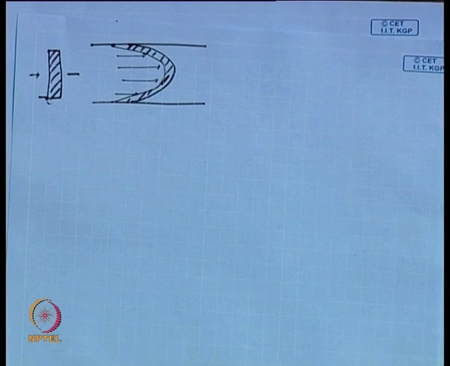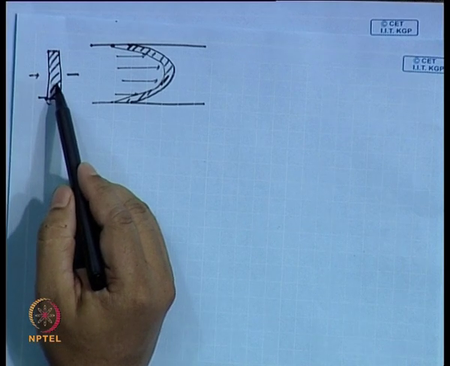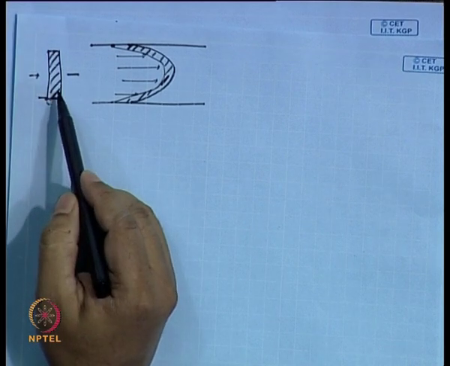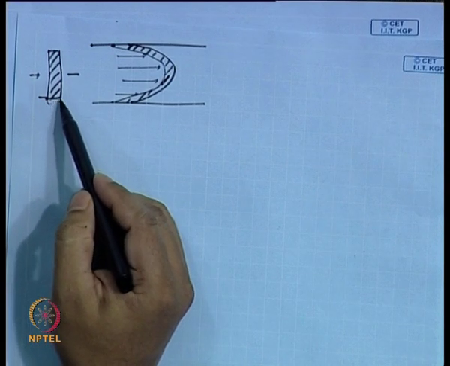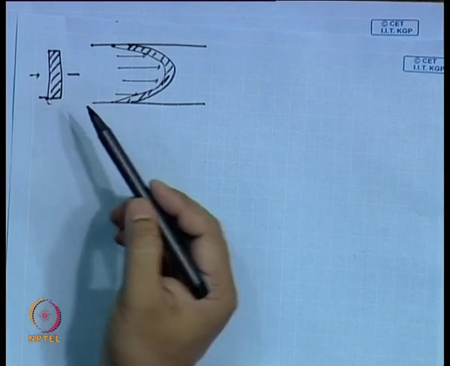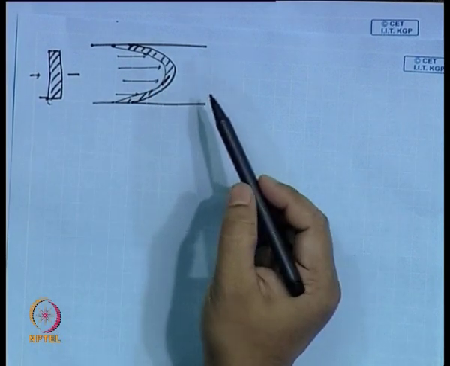That this will take a shape like this. Because what I am essentially saying is that the central part of this block is traveling faster, and the part of the block which is next to the wall is practically having 0 velocity. So, that is how it is flowing.